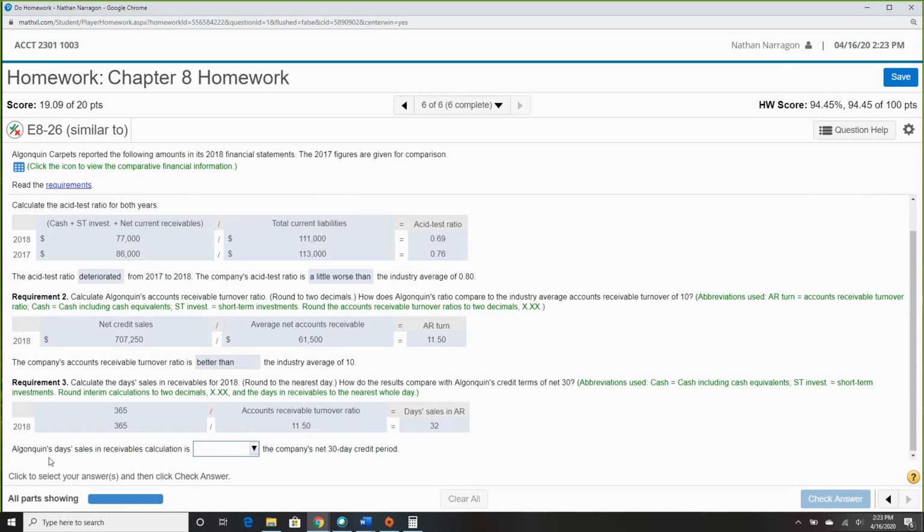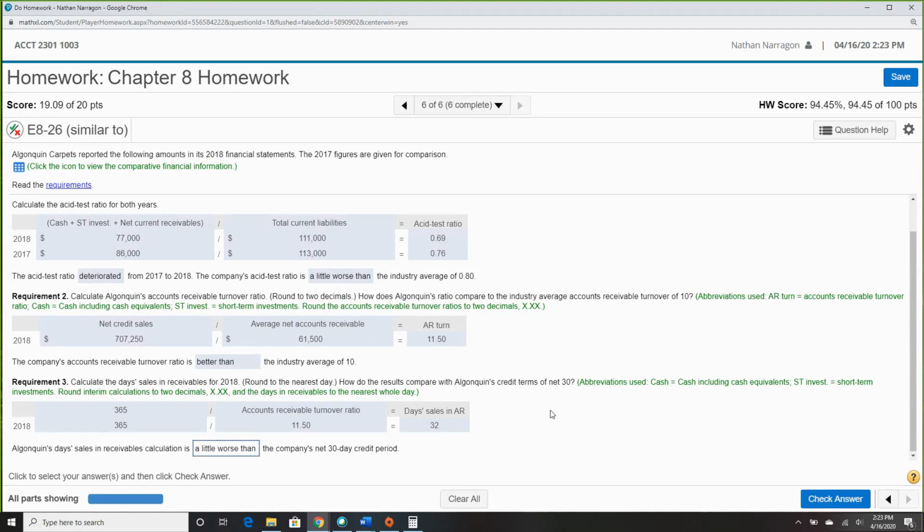So their days in sales calculated based on their credit period is worse. It takes more days to receive the money than what the credit period is. So 2 more days than.